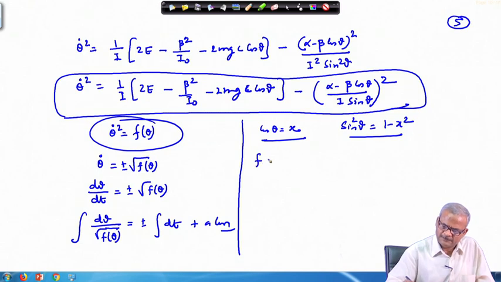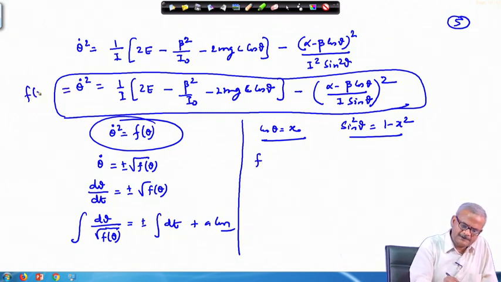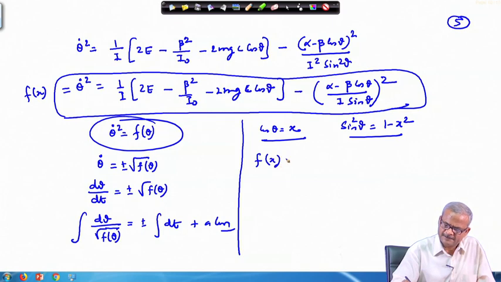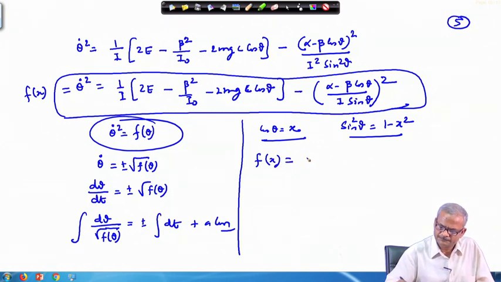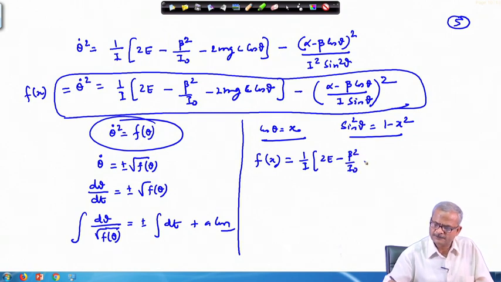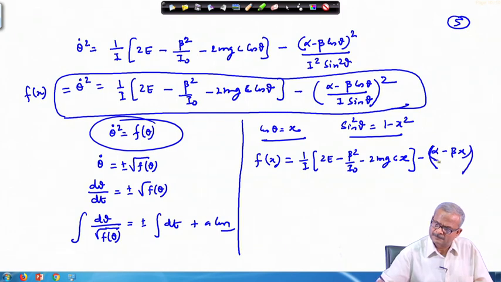So, the above expression, if we write the left hand side as f x, can be written as f x equal to 1 by I times 2 e minus beta square by I 0 minus 2 m g c times x, minus alpha minus beta x by I sin theta.